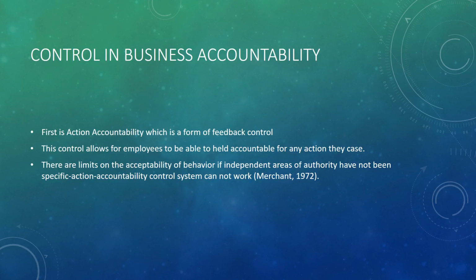In case certain things go on during job standards, managers will have a guideline to give to employees to let them know what they can and cannot do on the job. There are limits on the acceptability of behavior in independent areas of authority that have not been specifically noted. A specific action accountability control system cannot work unless you keep it in force.